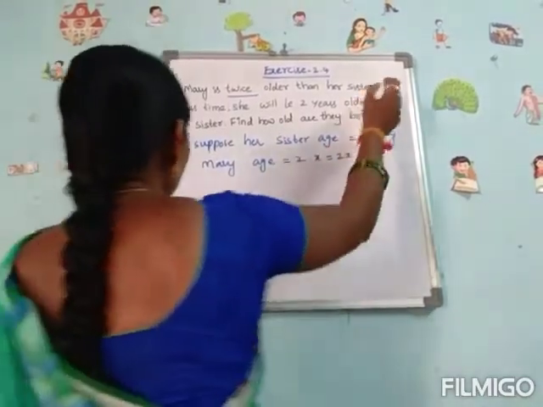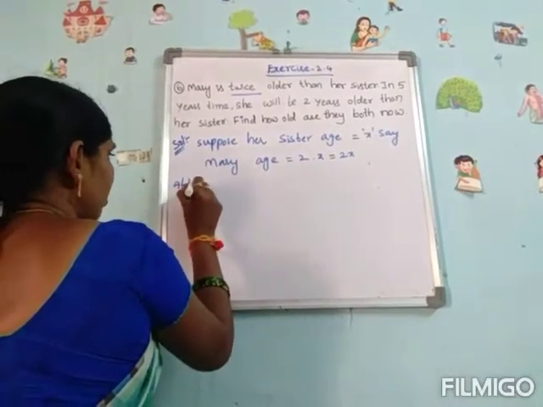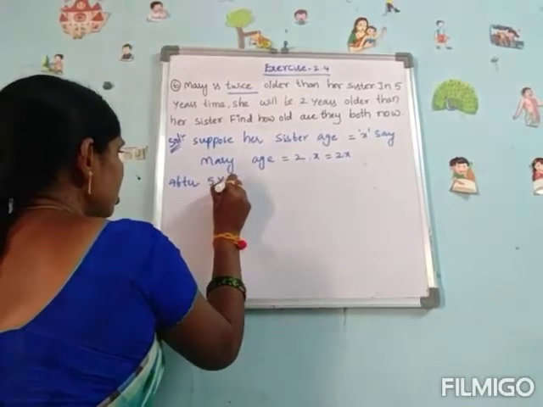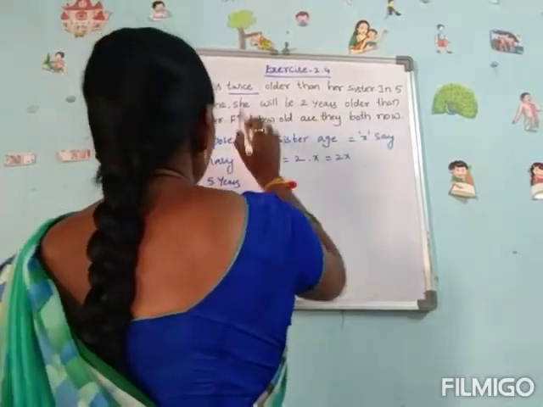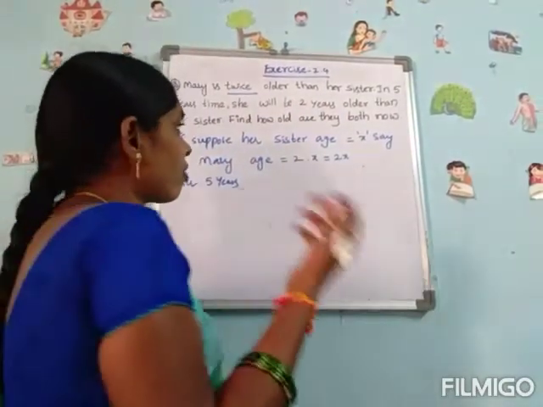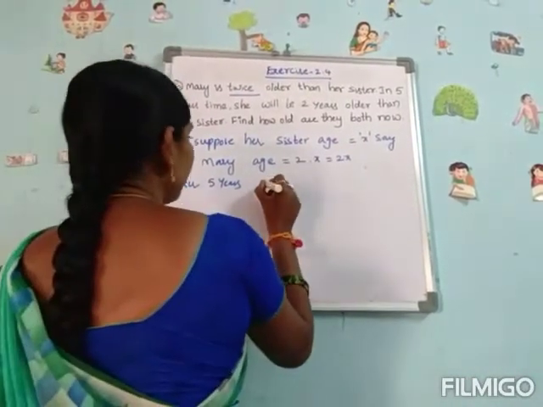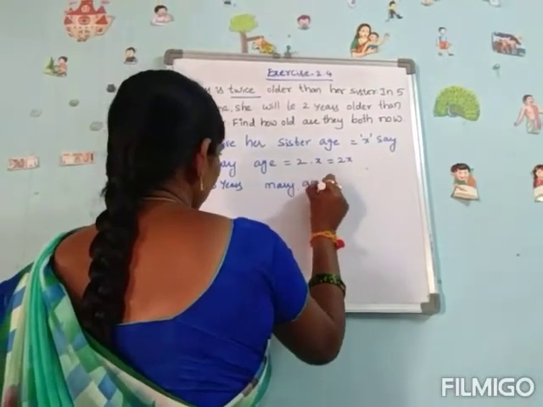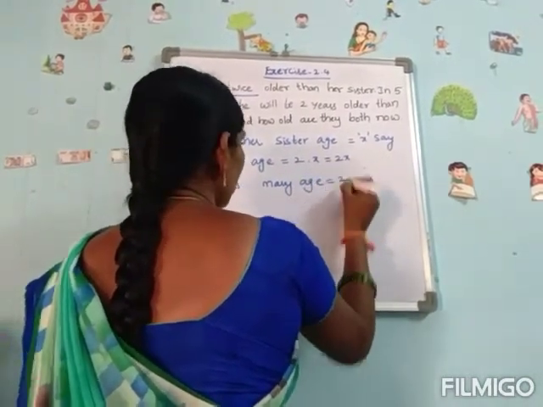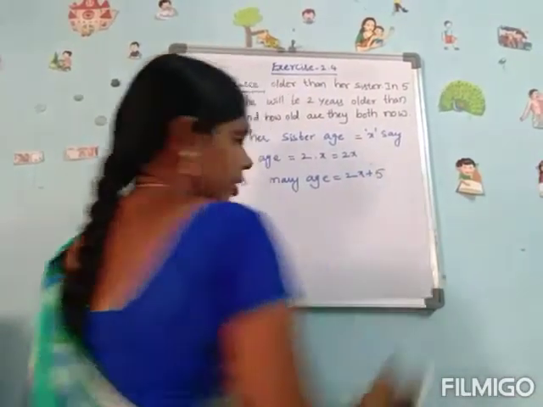Now in 5 years time means after 5 years. After 5 years, she will be 2 years older than her sister. After 5 years means we have to add 5 years to both. So after 5 years, Mary's age is how much? Mary's age is 2x plus 5.